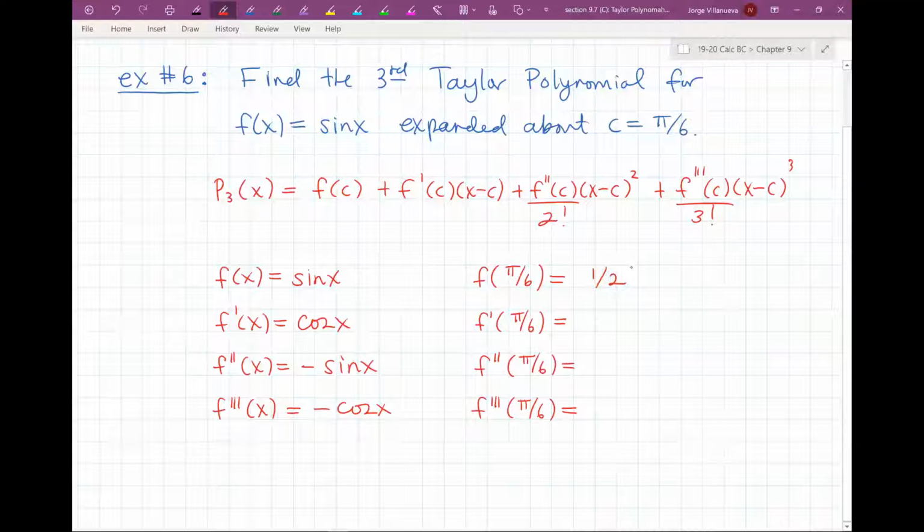For the next one, cosine of pi over 6 is radical 3 over 2. Then the next one will be a negative half, and the next one will be a negative radical 3 over 2. So those are my coefficients right now. Up on the top where it says f prime of c, f double prime of c, f triple prime of c, that's what I'm putting up there.